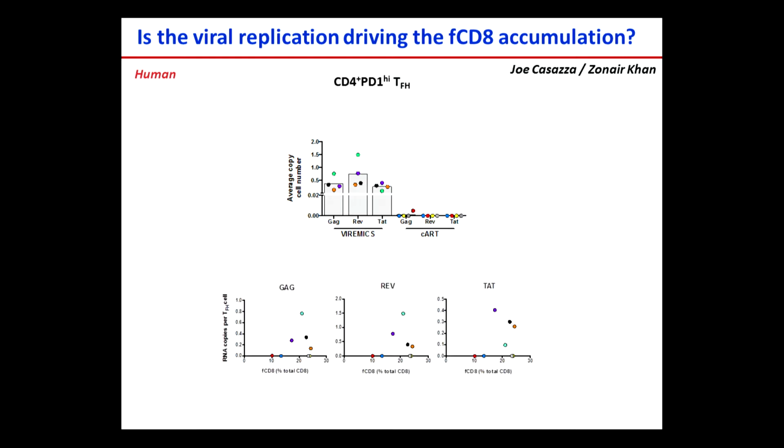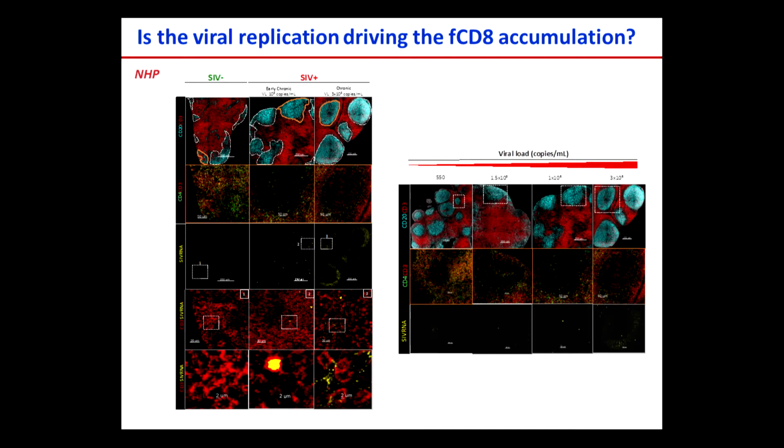The other way we can look at this is by using RNA-scope in SIV-infected lymph nodes. So here's an SIV-uninfected lymph node. Here are 2 SIV-infected lymph nodes. You can use SIV RNA-scope to find the SIV RNA in these lymph nodes and identify where it is. And you see a couple of different patterns.